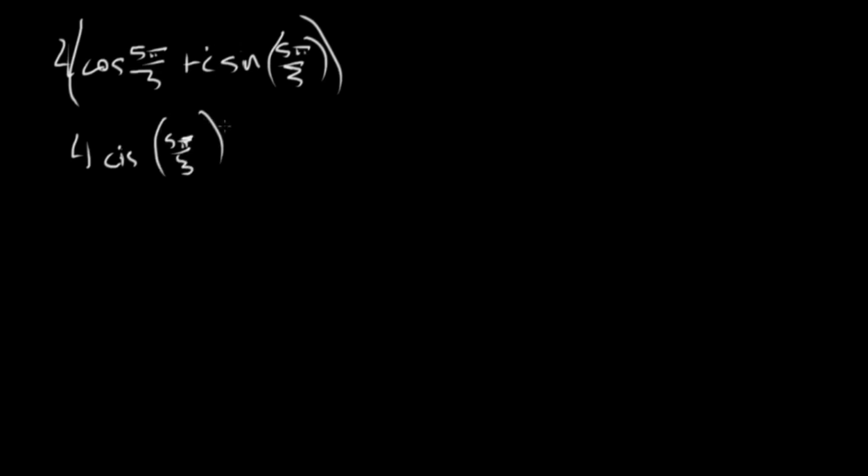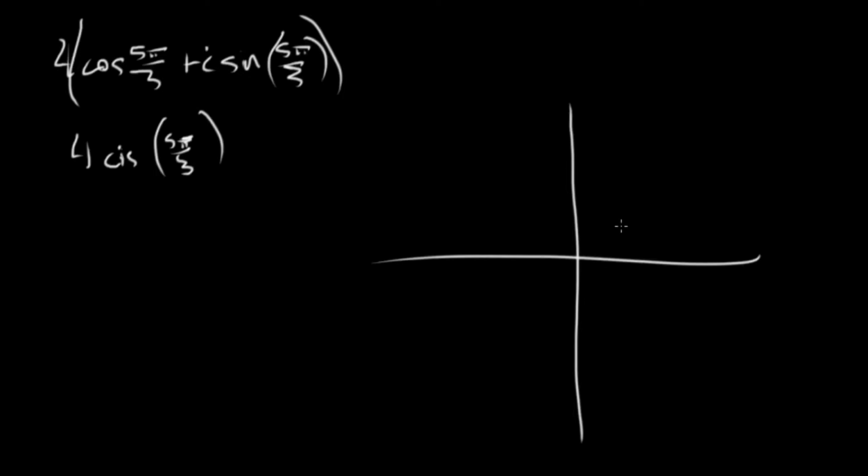If I want to graph that, all I need to do is, let me make that more straight. There we go. We need to graph 4 units away from the pole and an angle of 5 pi over 3 away from the polar axis. So 5 pi over 3 is going to be down here. And 4, I'm just going to approximate right here. So this is the number 4 cis 5 pi over 3.